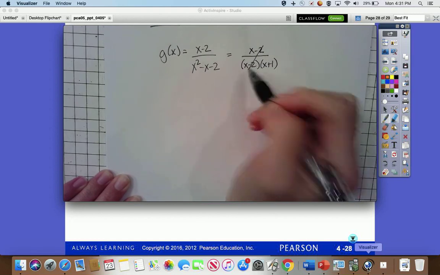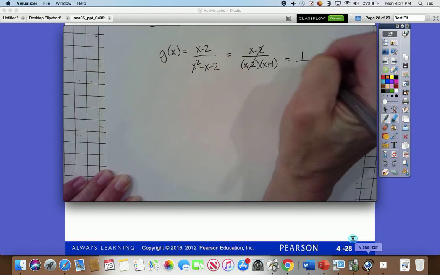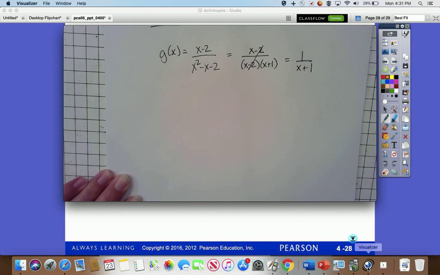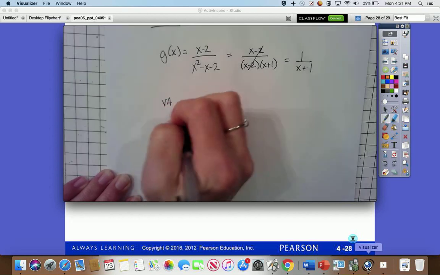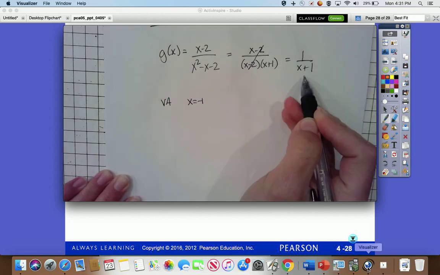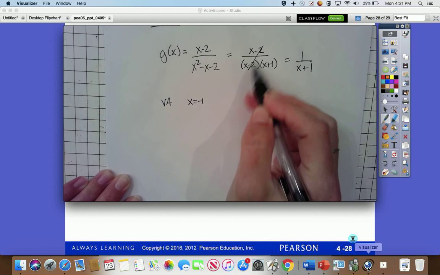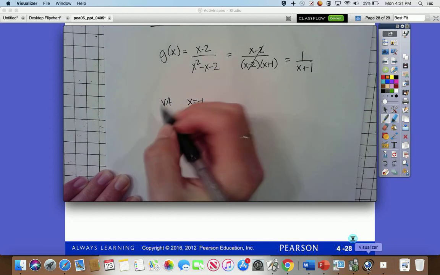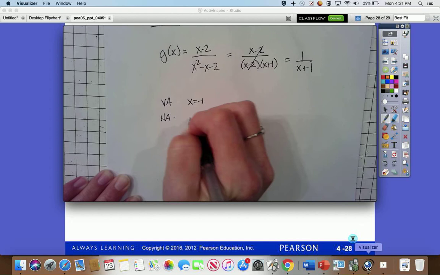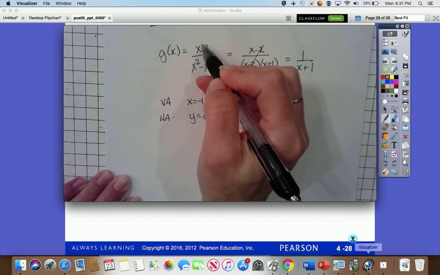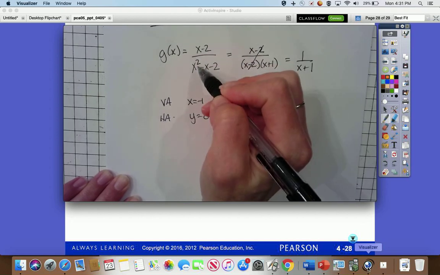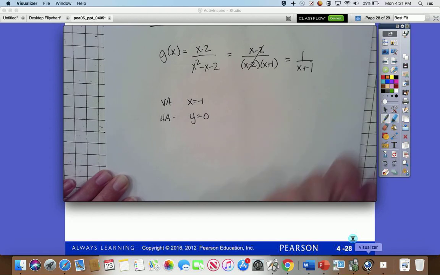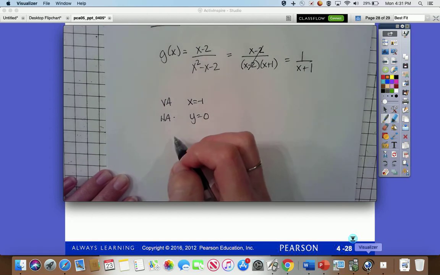And I see that these cancel out, leaving me with 1 over x plus 1. Well, I have a vertical asymptote only at x equals negative 1 because these canceled out. And my horizontal asymptote would be y equals 0 since the degree of the numerator is less than the degree of the denominator. But I have a hole, and here's how a hole works.